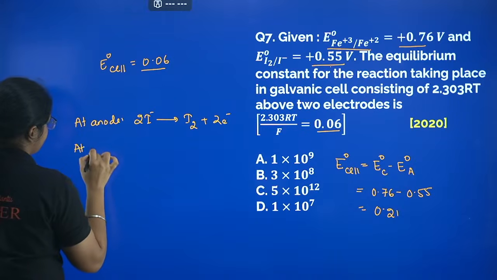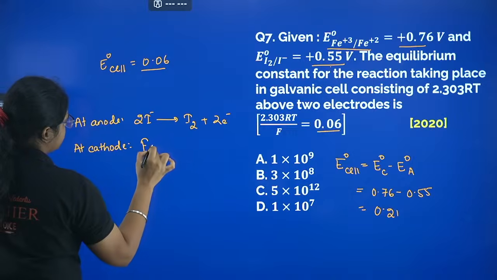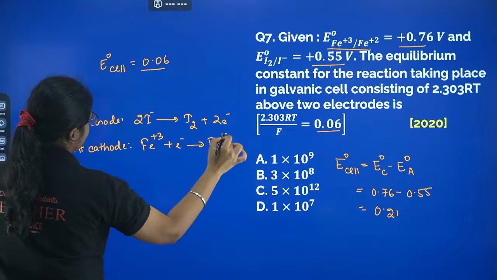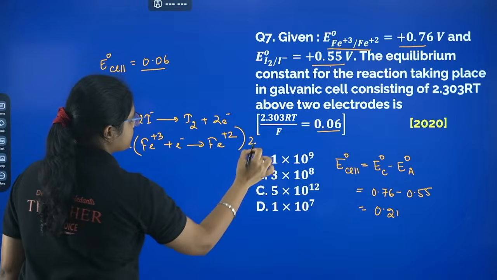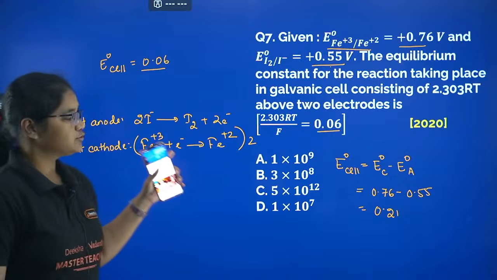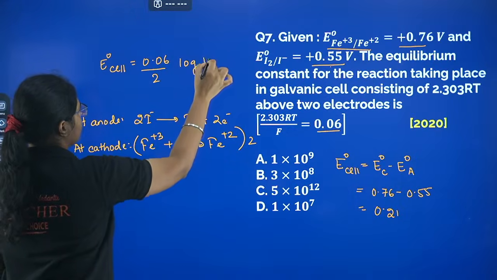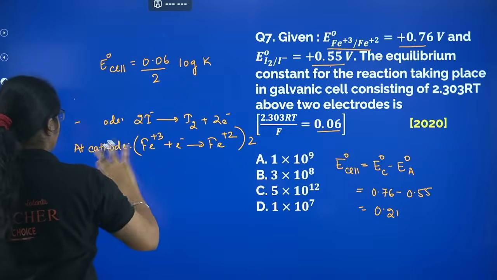And at the cathode, the reaction will be the reduction of Fe plus 3 to Fe plus 2. To balance this reaction I will multiply this equation by 2, so that the number of electrons lost and gained are equal. So the n value has to be 2 here, log of K, right?